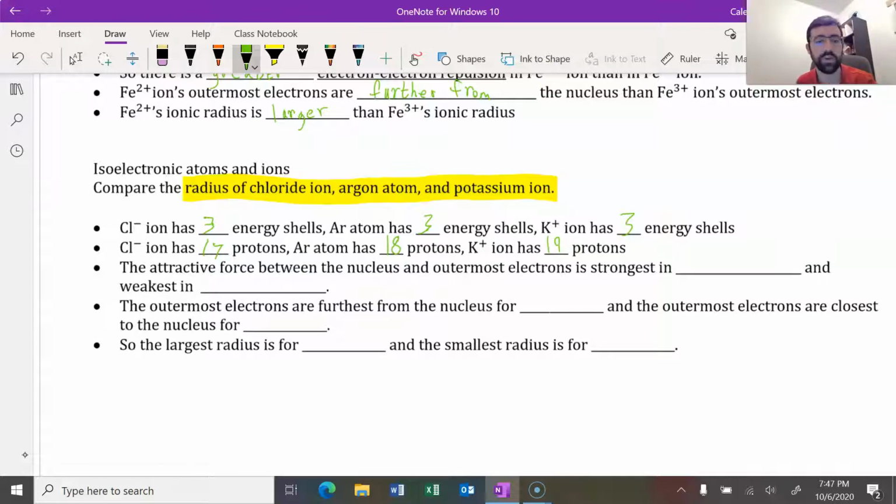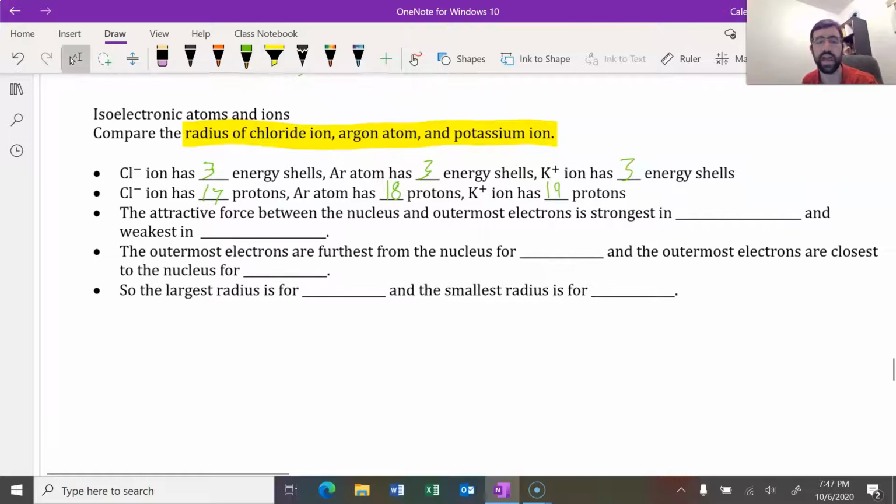The attractive force between the nucleus and the outermost electrons is strongest in K+. It's got more protons in that one, right? And weakest in Cl-.